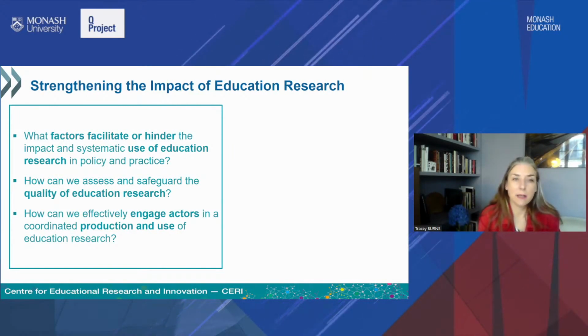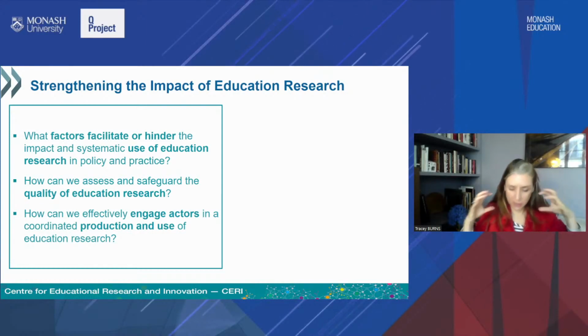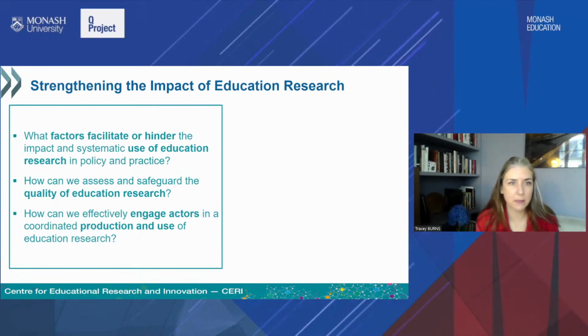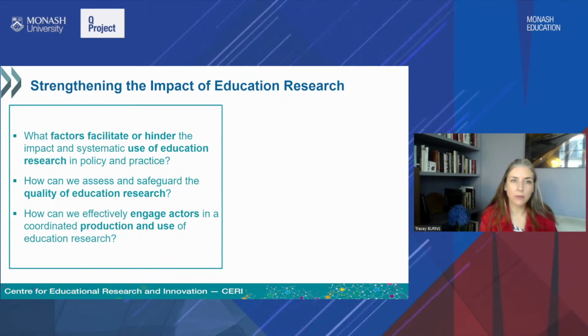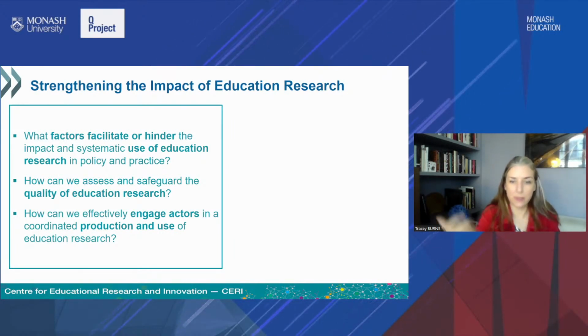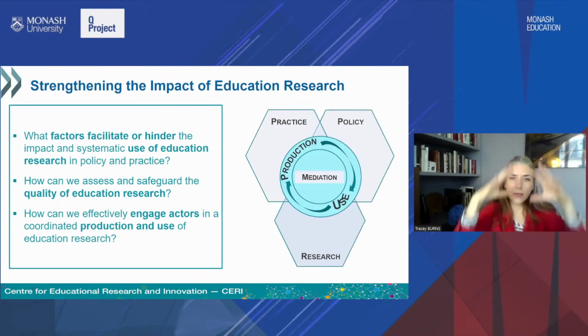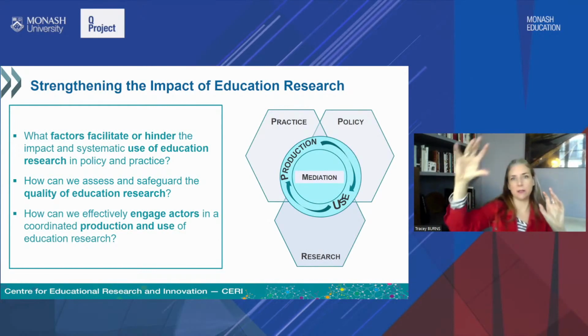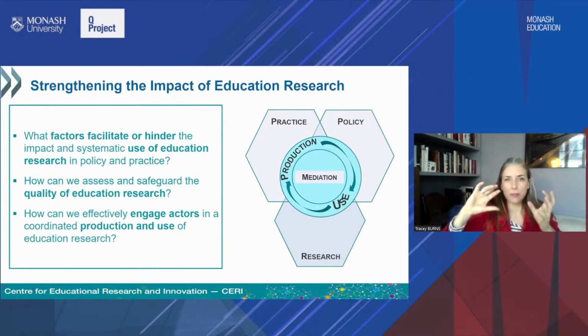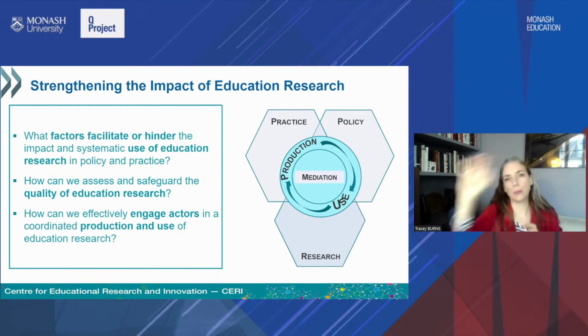It asks how we can assess and safeguard the quality of the research itself, that step back to make sure the system is being protected. How can we effectively engage actors, and how can we bring people together, that system level perspective again, thinking through the connections between practice, policy, and research, and how we actually produce and use it?